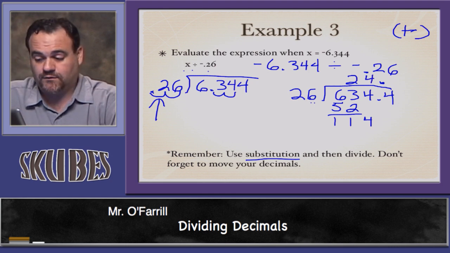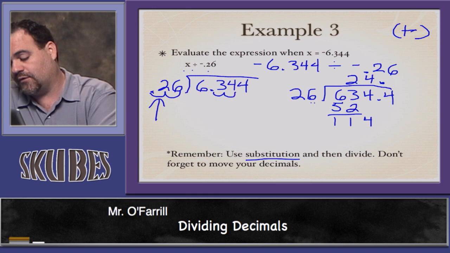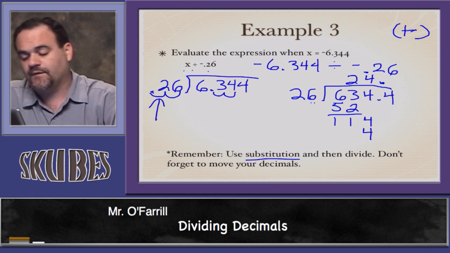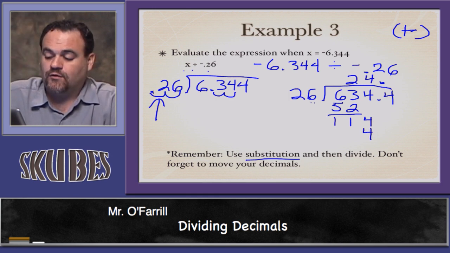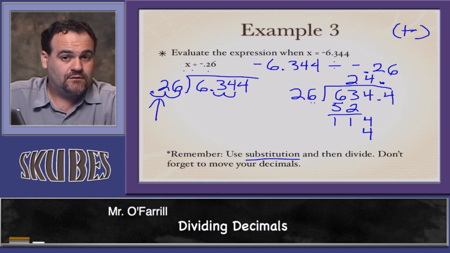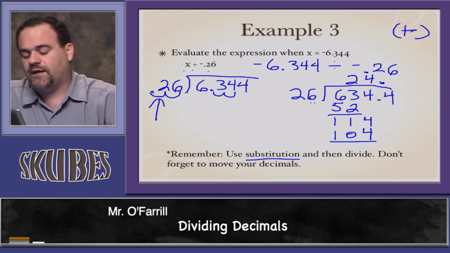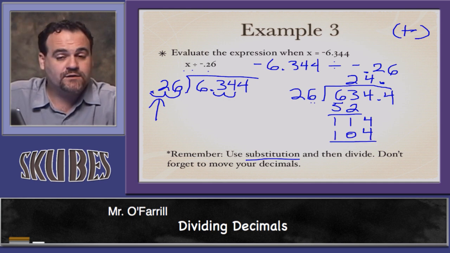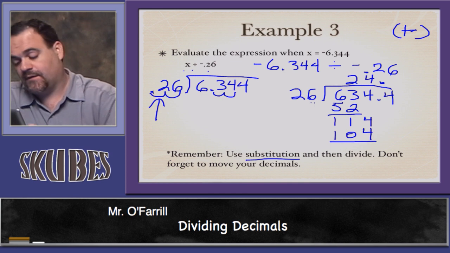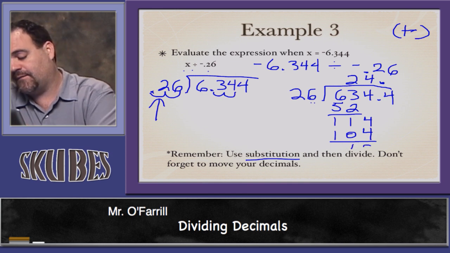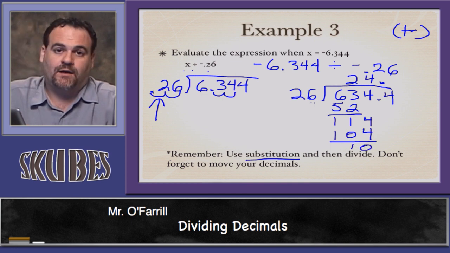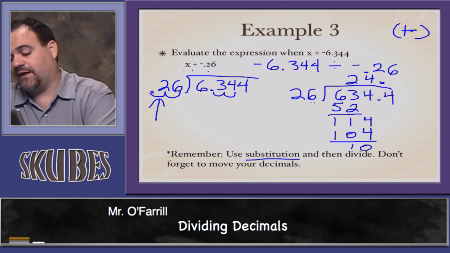4 times 6 is 24. Carry the 2. 4 times 2 is 8. Plus 2 is 10. We have 114 minus 104, and that's going to leave us with 10. And then we'll go ahead and just bring down this last 4.